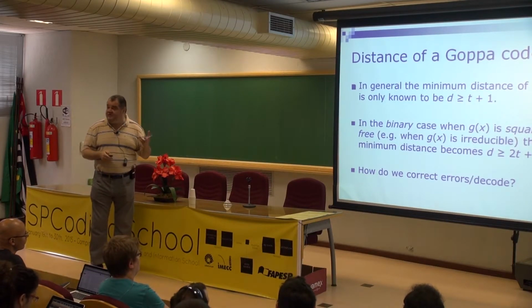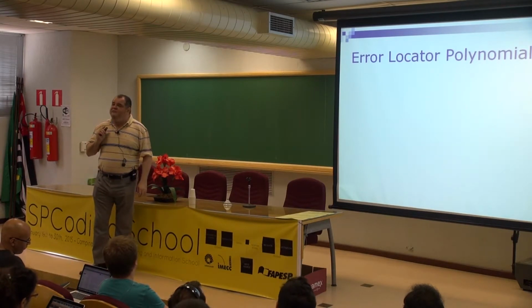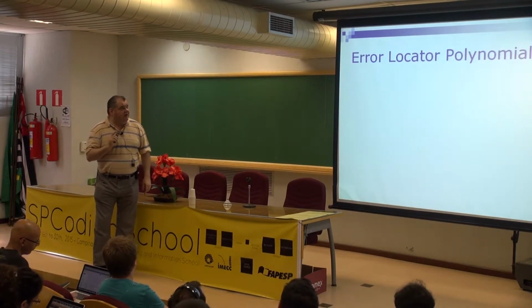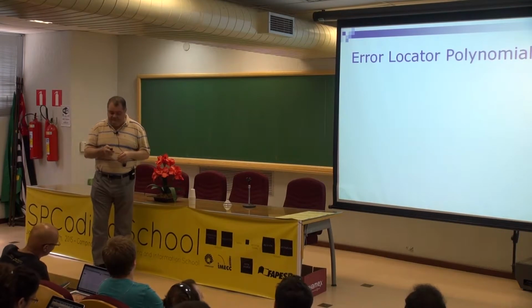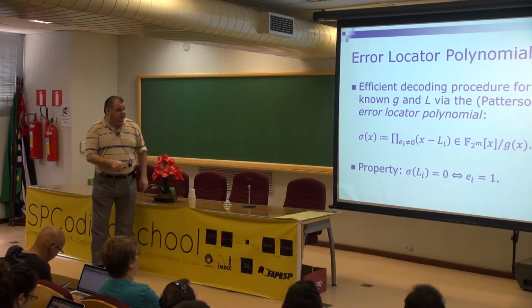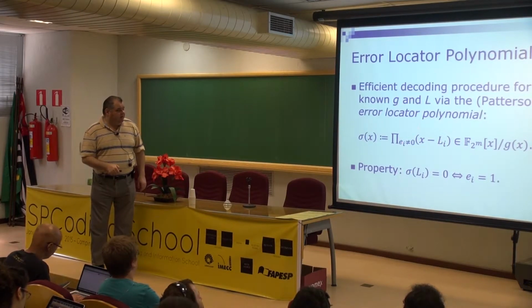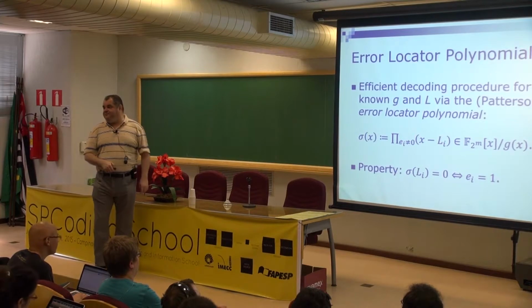So how do we correct errors? How do we decode a Goppa code? Very quickly, we have to construct an error locator polynomial, which is defined as this. It's the product of factors of the form x minus an element of the support for all positions where there is an error.